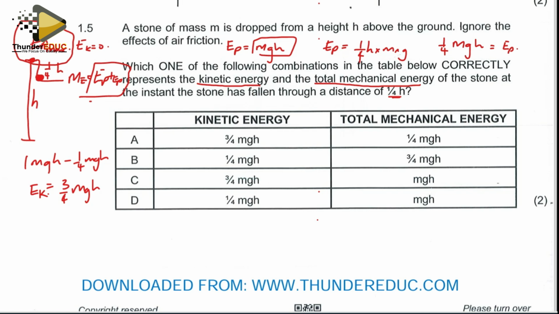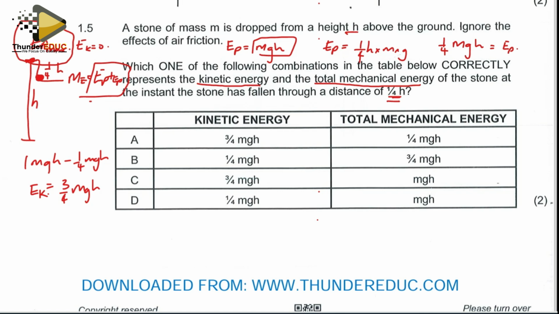Okay, let's read the question again. Stone of mass M is dropped from a height h above the ground. Ignore the effects. Which of the following combinations correctly represents the kinetic energy and the total mechanical energy of the stone at the instant it has fallen through a quarter height? So we're not using the ground as a reference, we're just using the point of projection as a reference.